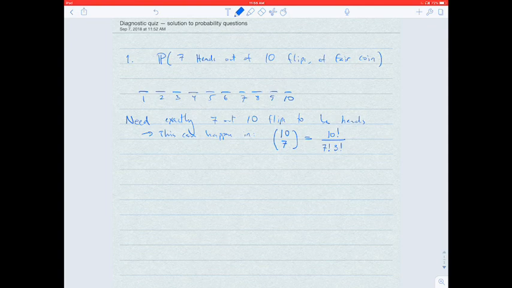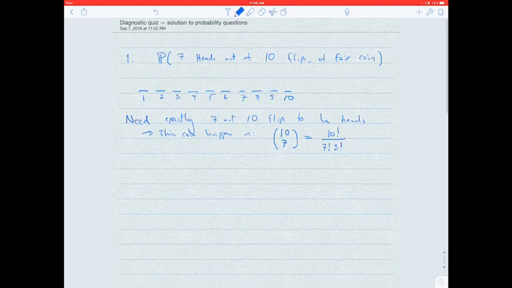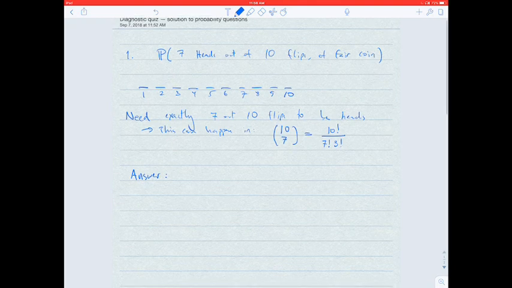And therefore, the total probability that I'm looking for is the sum of these. So the answer is 10 choose 7 times the probability of any one of these particular sequences. And this is something like 0.11719, etc.